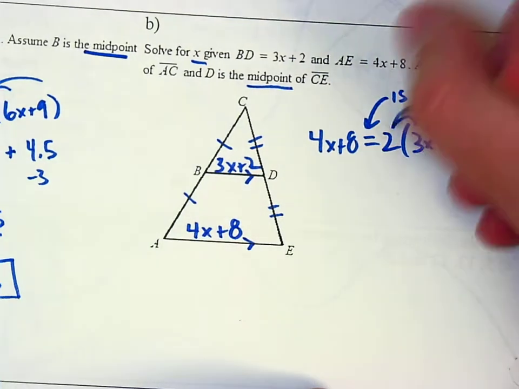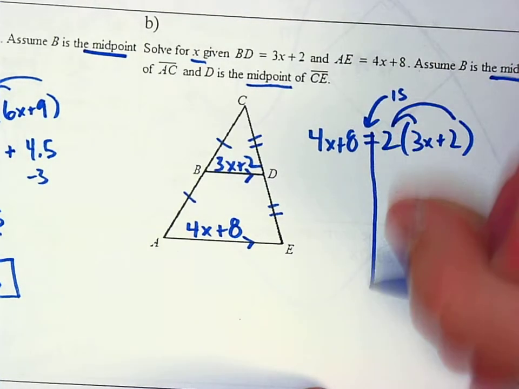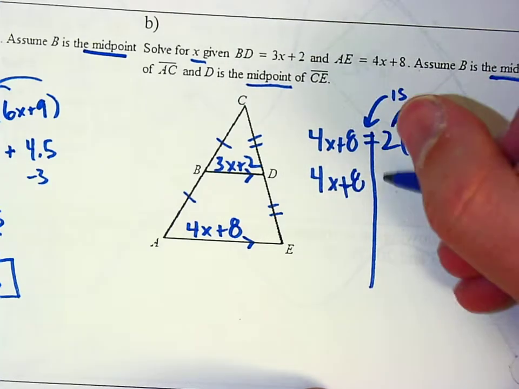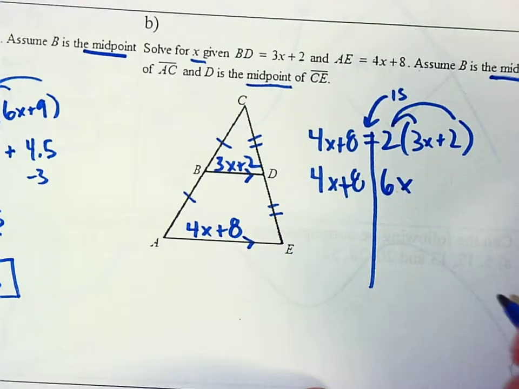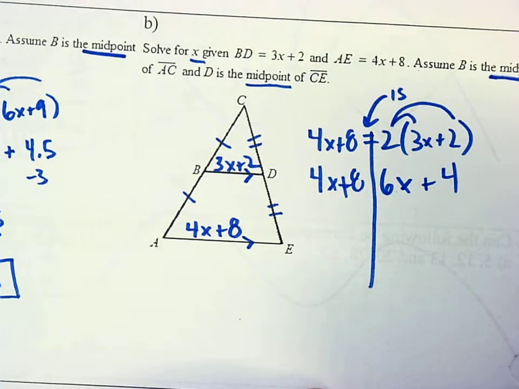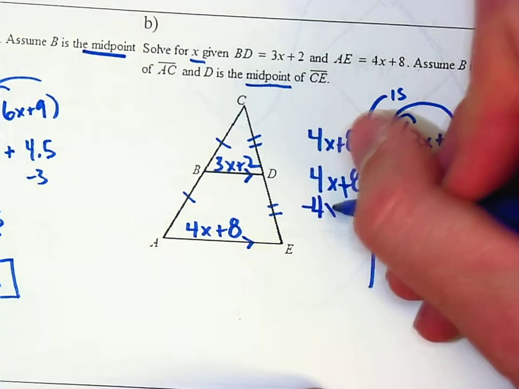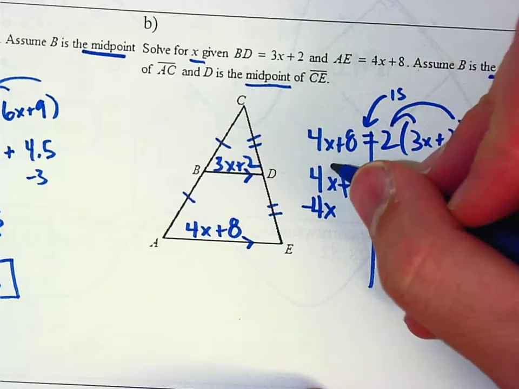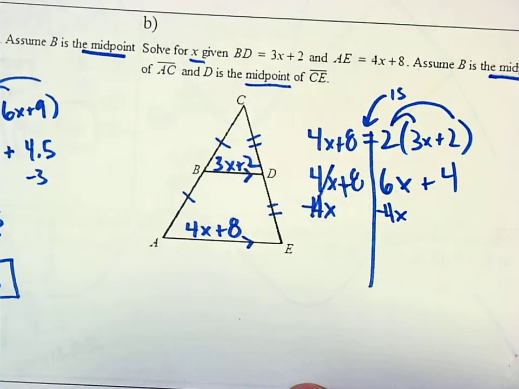Well, we can still solve this the same way. 4x plus 8 comes down. 2 times 3 is 6x. 2 times 2 is 4. Now I'm going to choose to subtract 4x from both sides in order to keep my variable positive. That's going to cancel the 4's.